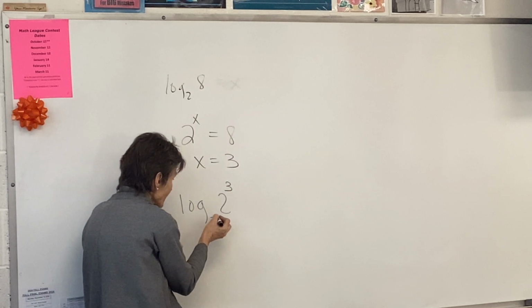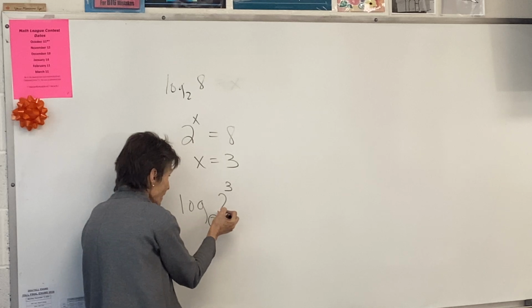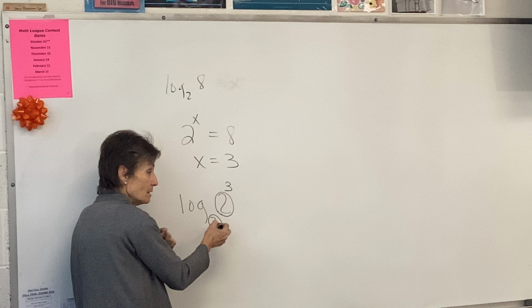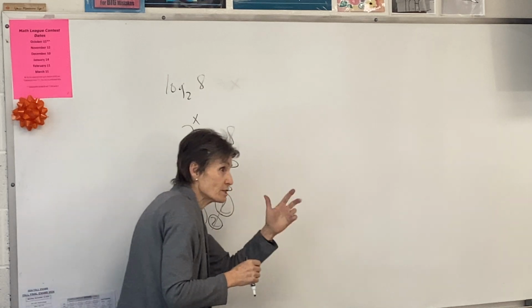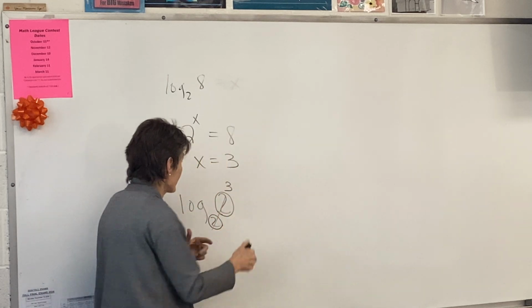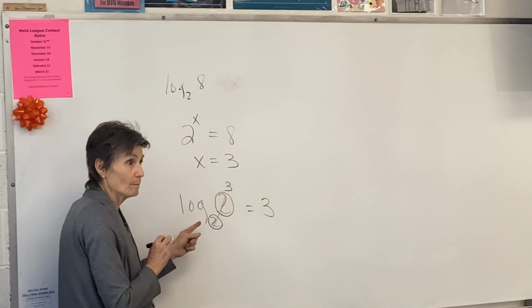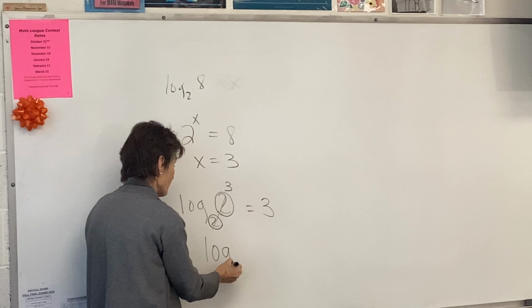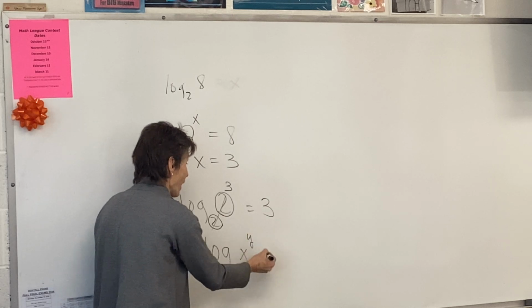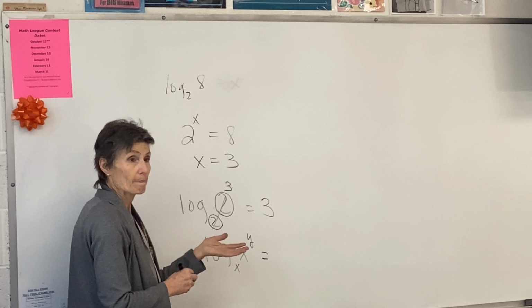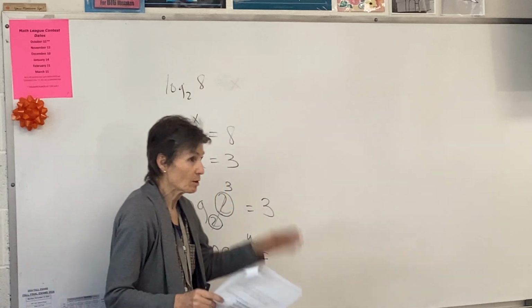And when the base of the logarithm and the base of the exponent are the same, since they're inverses, they cancel each other out, and the answer is just 3. So you can do it that way too. So if you have the log base x of x to the y, the answer will always be y. Okay? So, any question about that?